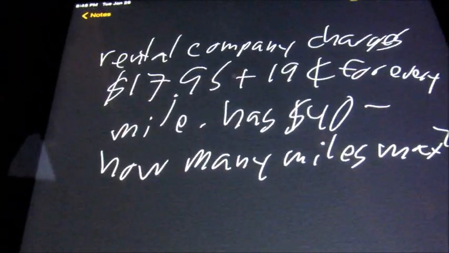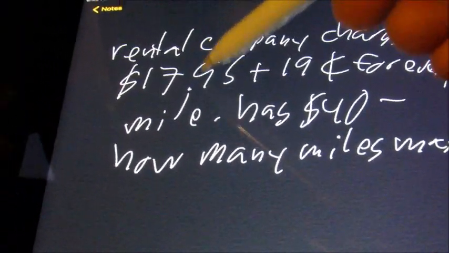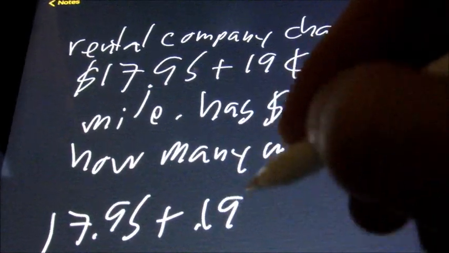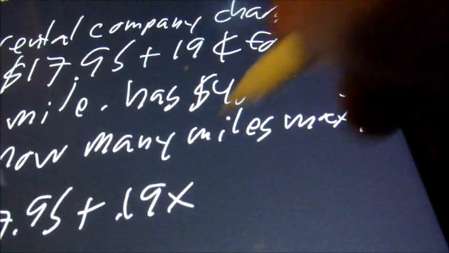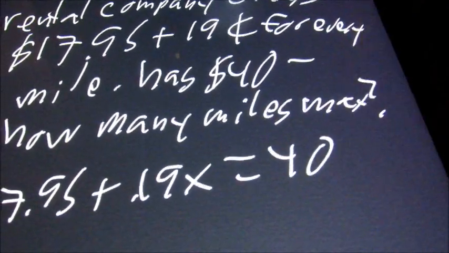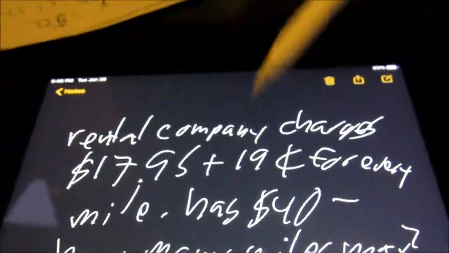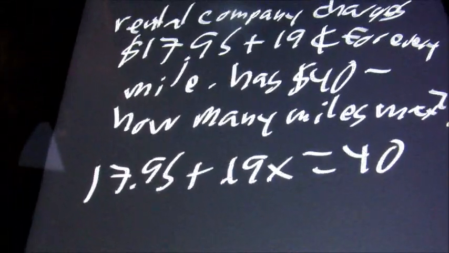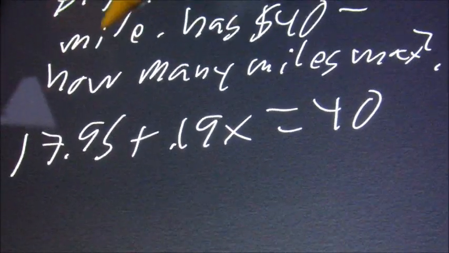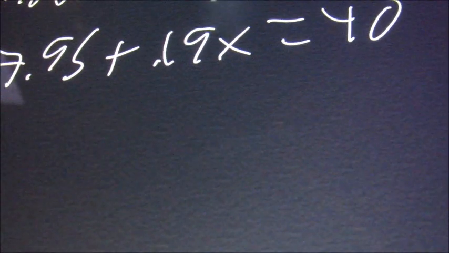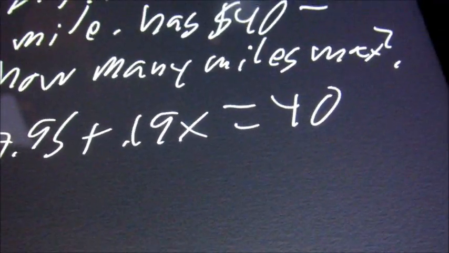So we know that we have to pay $17.95 plus 0.19x for miles equals 40. So make sure you put 0.19x when it says 19 cents. That's how money works. So we can get rid of our decimals here, which I'm going to do.